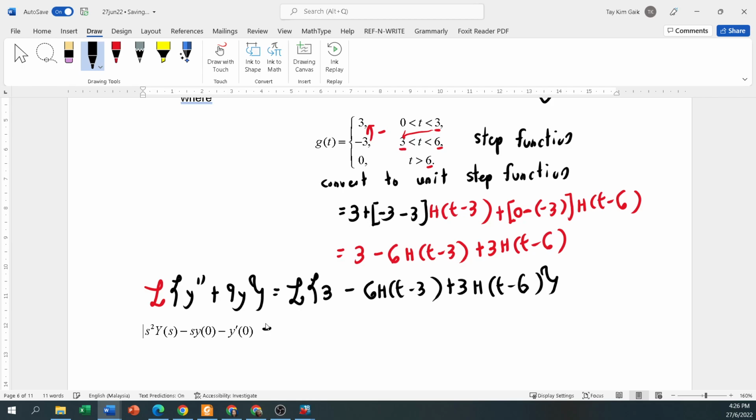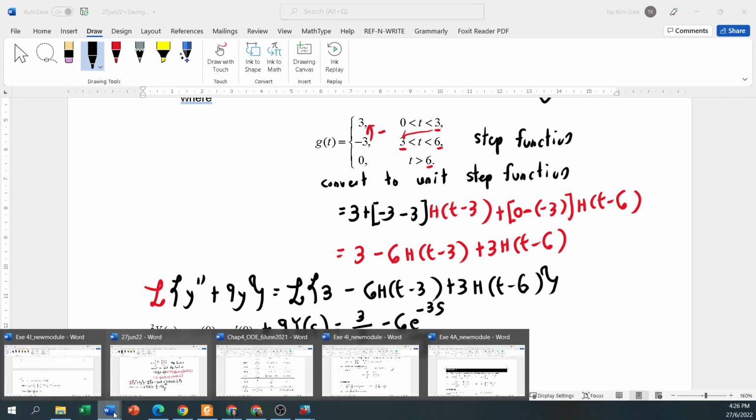And then add up. The Laplace transform for 9 times y will be 9Y(s). The Laplace transform for constant 3 is 3 over s. The Laplace transform for h(t minus 3), minus 6 times exponent negative 3s over s.